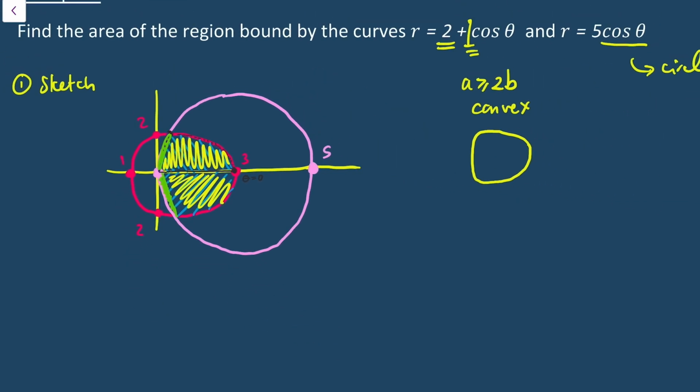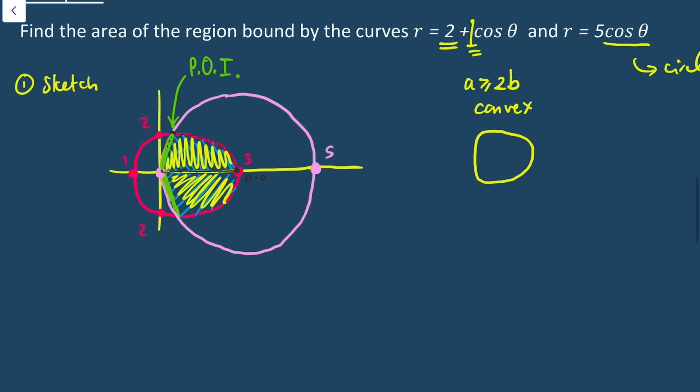So I'm going to write this out in a minute, but the key thing is I will need this point of intersection. This is going to be area 1. I'm going to call this A1, and this green is A2. And I will need 2 lots of each of them.